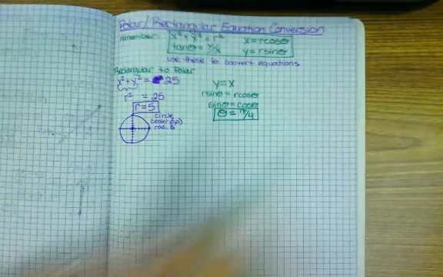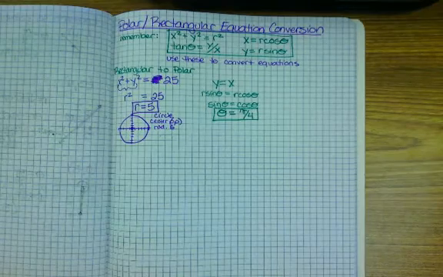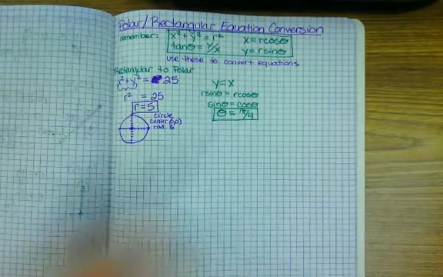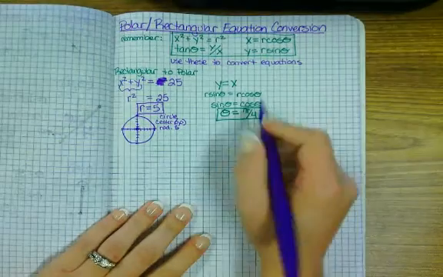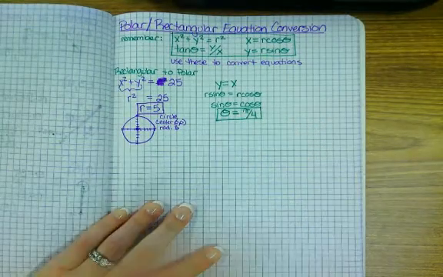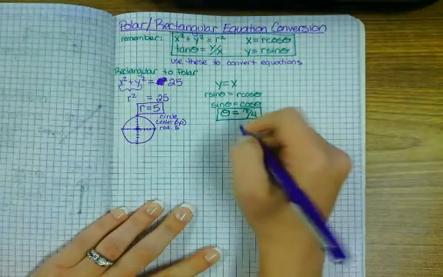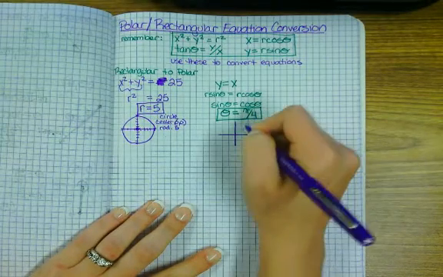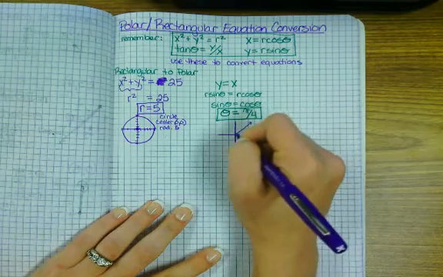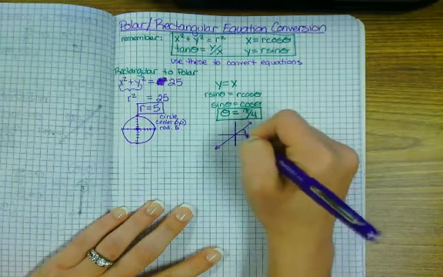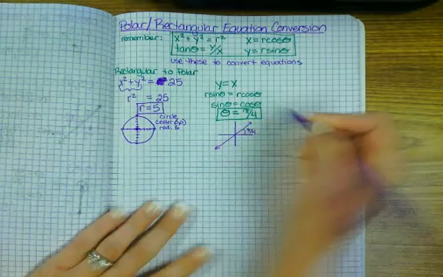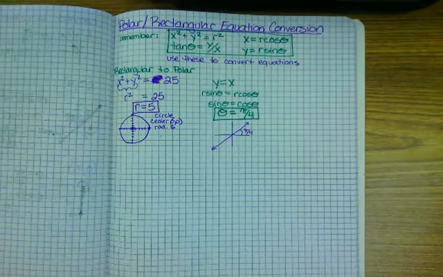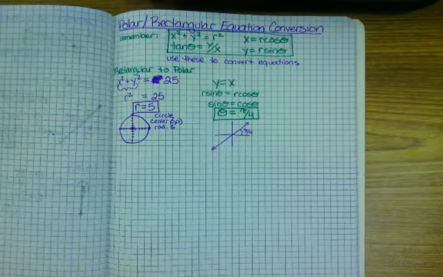So your polar equation is just theta equals pi over 4. If you see a polar equation that's just theta equals, then you know you're just going to plot every point along the angle pi over 4. So if I were to graph that, every point along the angle pi over 4 is the same thing as the line y equals x. Isn't that the line y equals x? Y-intercept of 0, slope of 1.